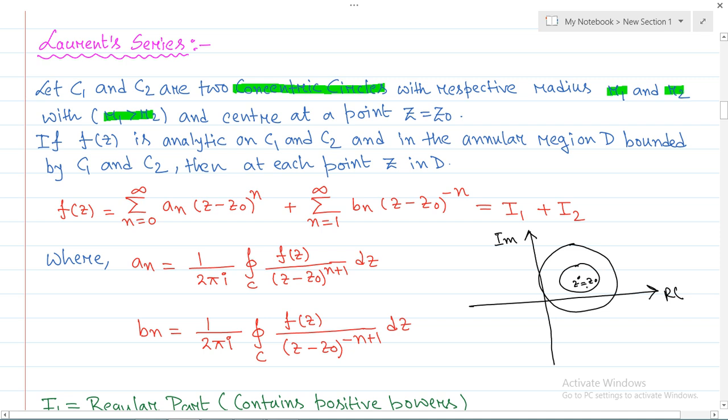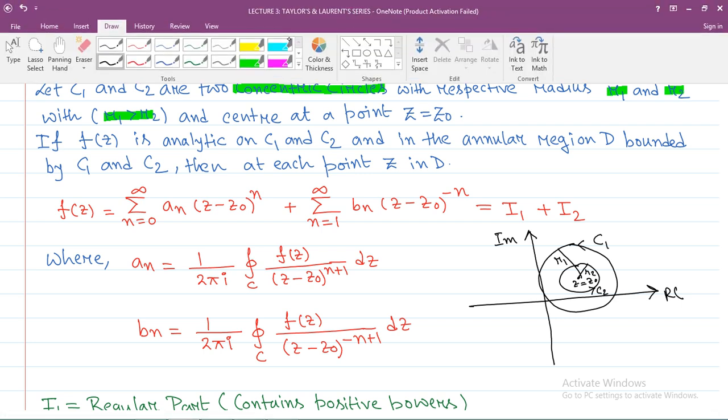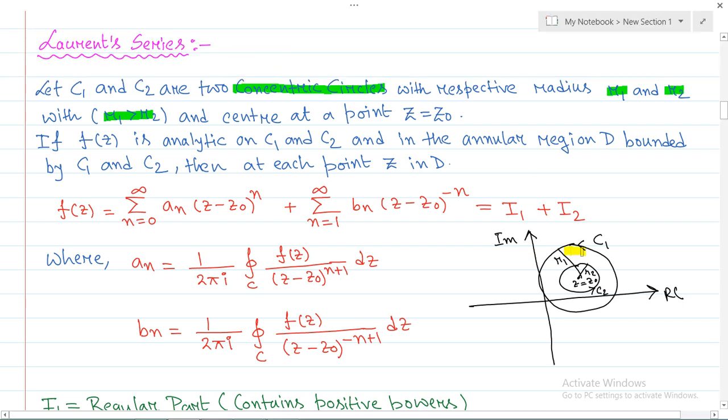This innermost circle, the interior circle, is named C2 with the radius r2, and the outer circle has the radius r1 and is named C1. So if we have two concentric circles, everyone can see that one region is enclosed between these two circles. That is in the shape of an annular region, a ring-type region. That is nothing but the annular region.